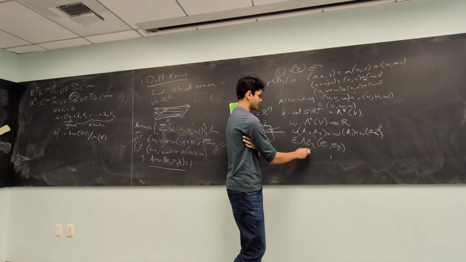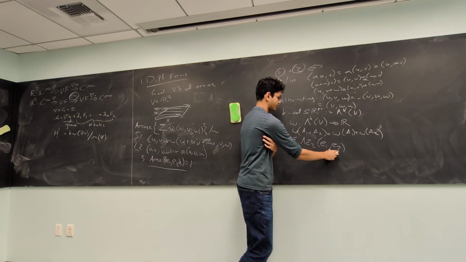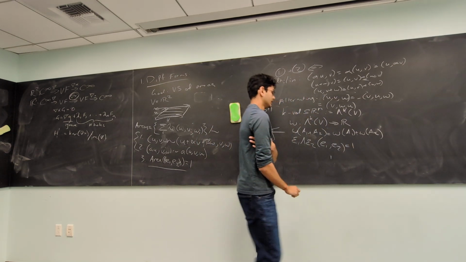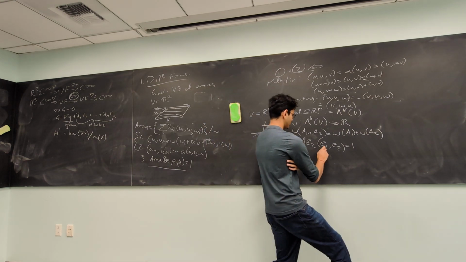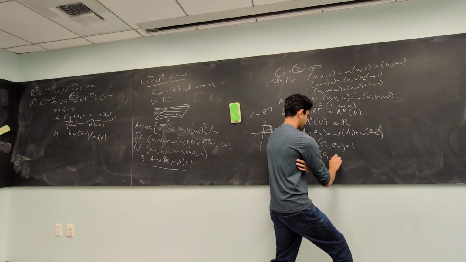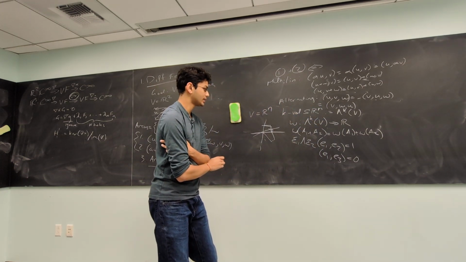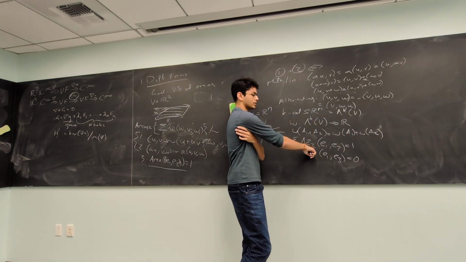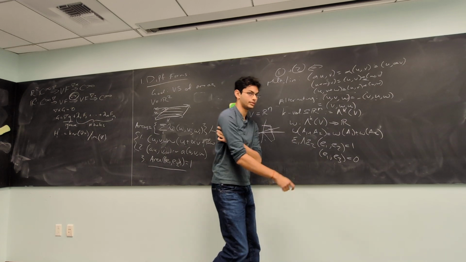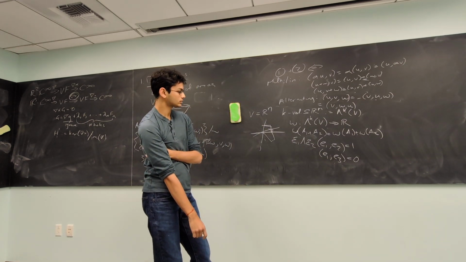This will eat in these two vectors and give you an area of 1. But if you feed in anything that isn't in the plane, then it'll give you 0. Likewise, you can do the same for epsilon1, epsilon3, epsilon2, epsilon3, and so on.